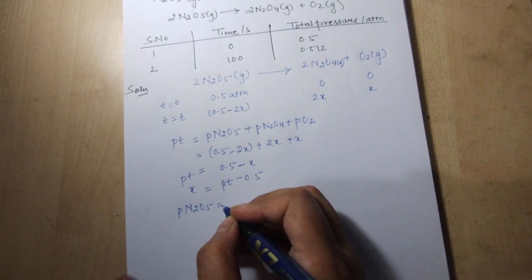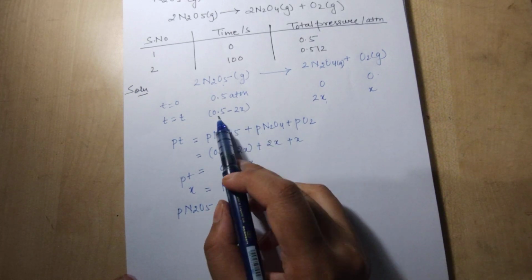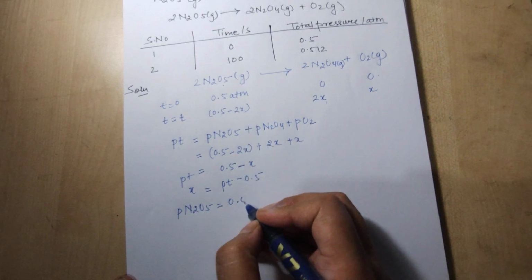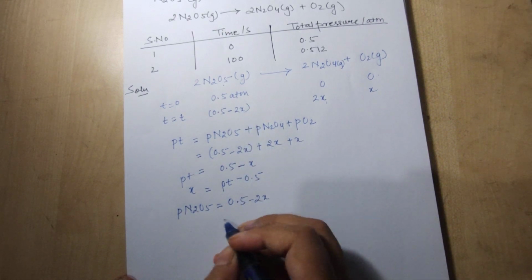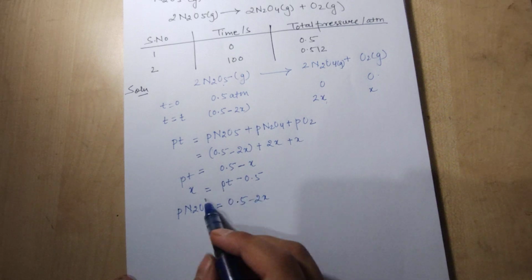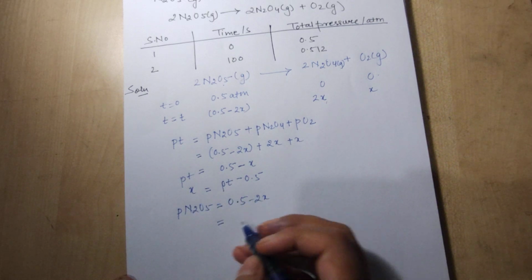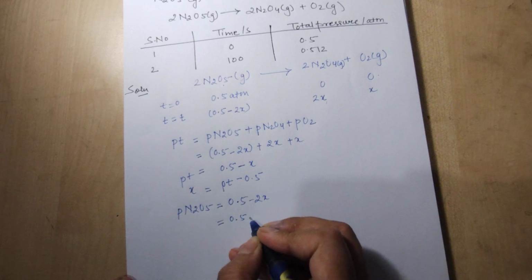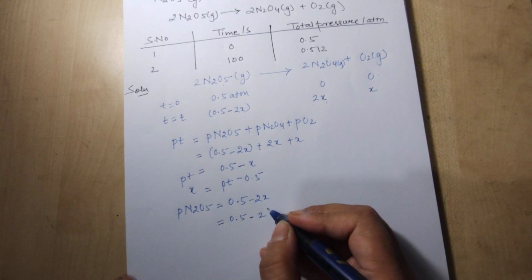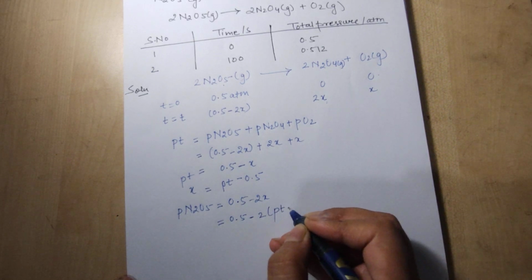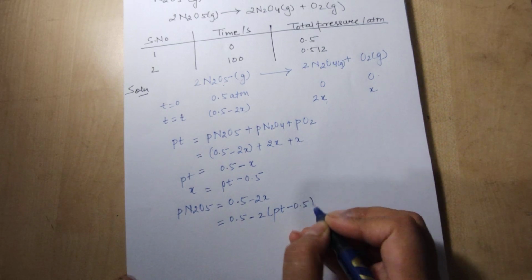Here the N2O5 pressure is 0.5 minus 2x, and as we put the value of x here, we get 0.5 minus 2 into Pt minus 0.5.